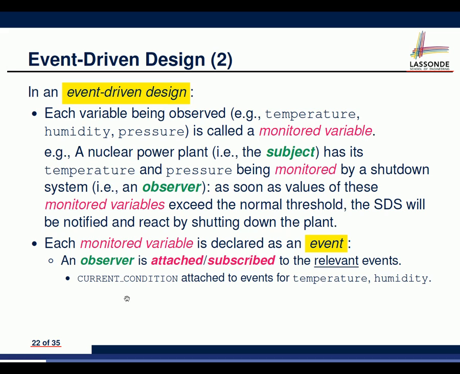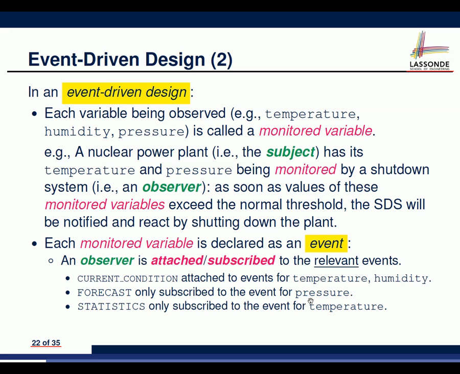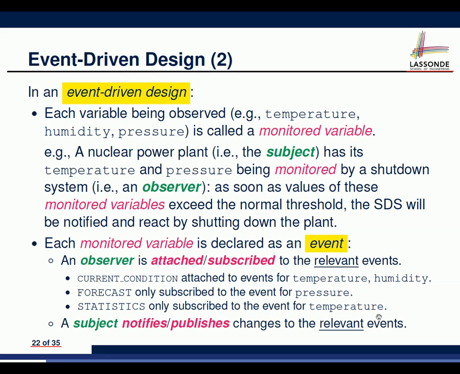So you only have to get attached to 2 events only, right? In the case of the forecast, because we only care about the pressure, we only get attached to pressure events. In the case of the statistics, we only get attached to temperature events. So it depends what you need. You don't have to attach to everything. And then every time you want to notify any updates, you will just notify to the events.